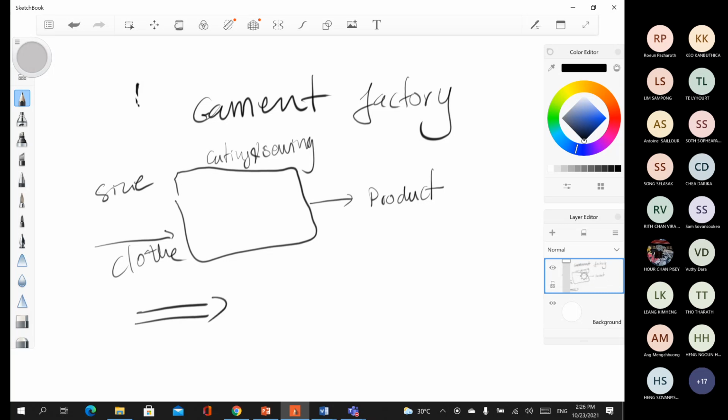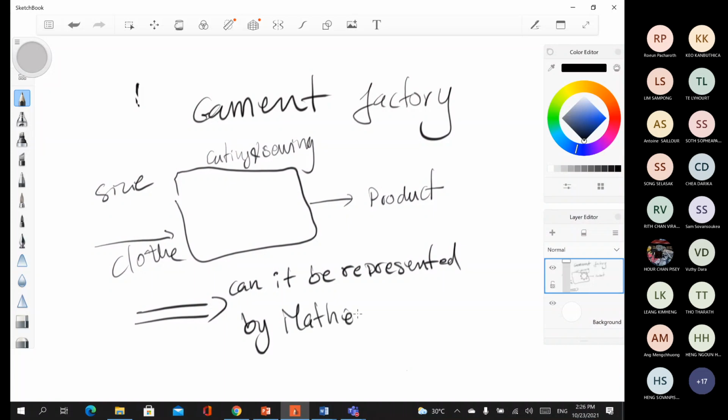The question is, can it be represented by a mathematical model? So I have input as cloth, and we have one machine that does cutting and sewing.